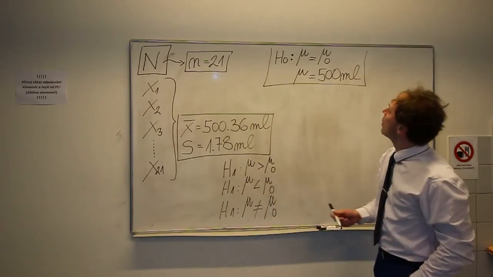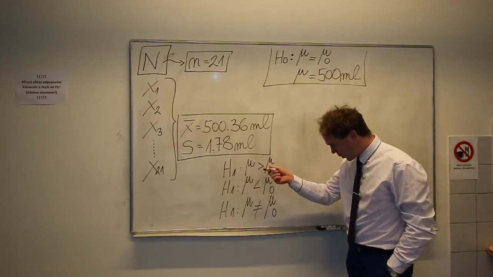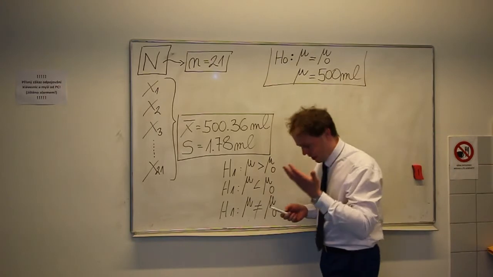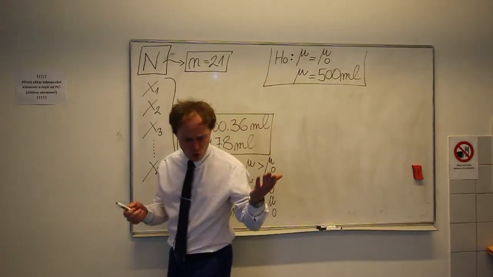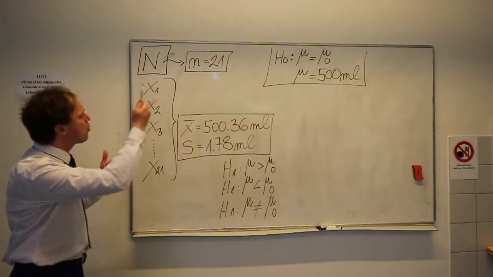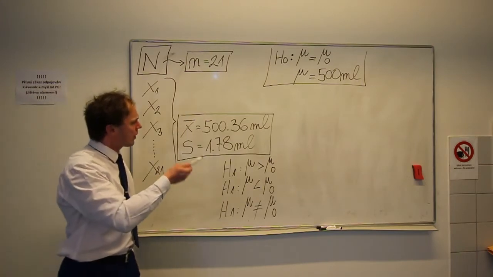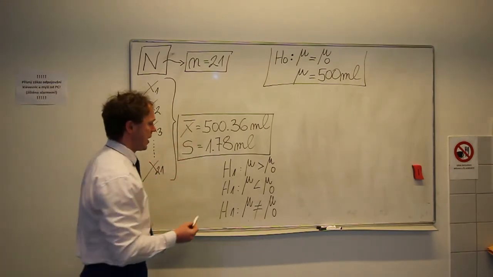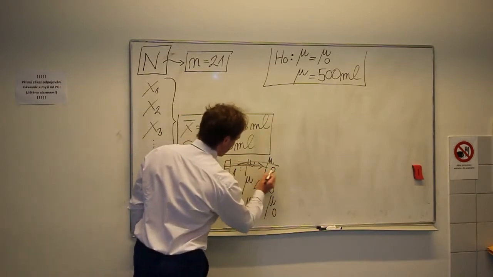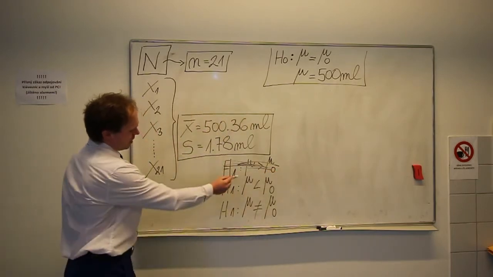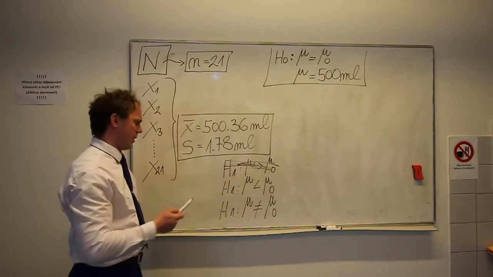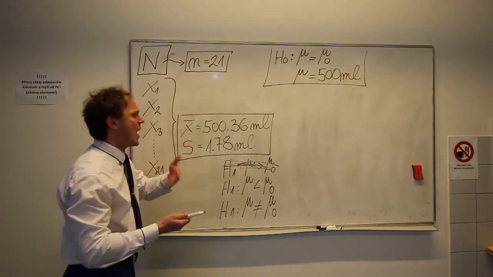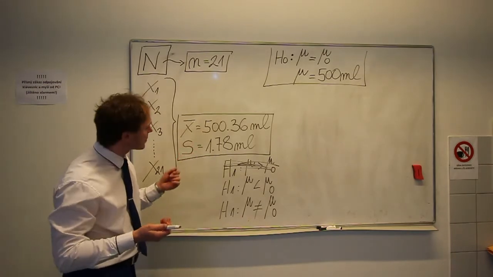The first one, the average will be higher than 500 milliliters of beer. This will be wrong for you, as owners of the brewery, because you will give more beer to your customers for the same price. So this is not correct. Mu will be smaller than mu 0: you will put less beer into the bottles.